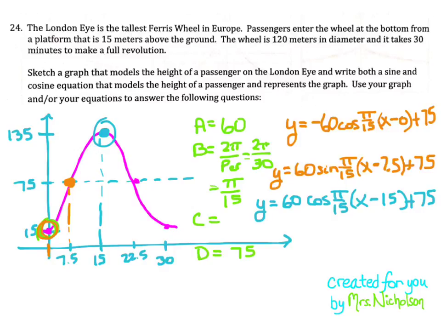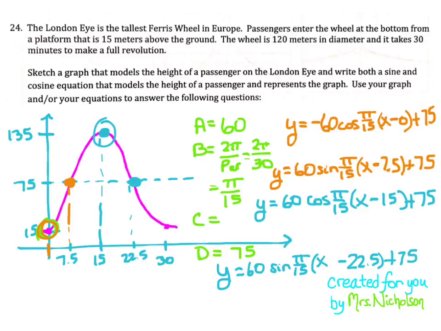And finally, we could write a negative sine function, which starts in the middle, and the graph goes down. And that would be, I'll write down here, y equals 60 sine pi over 15 times x plus 75, and that point corresponds to 22.5 as a horizontal shift. So any two of those functions would be acceptable answers for this question.